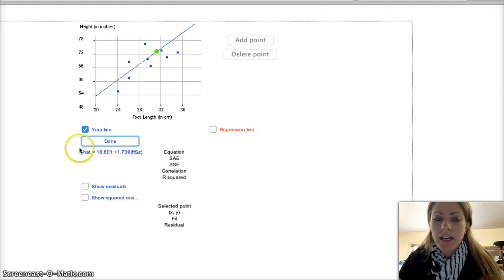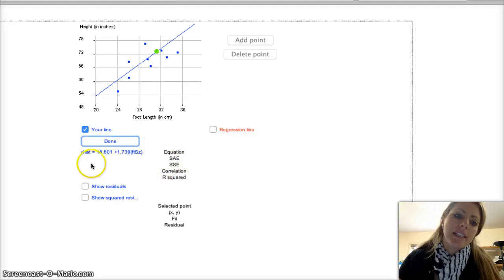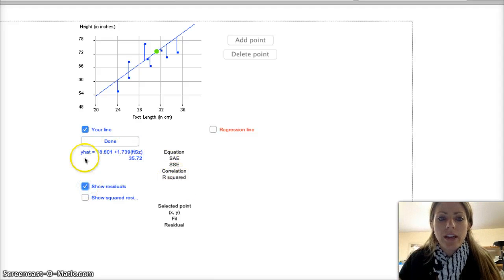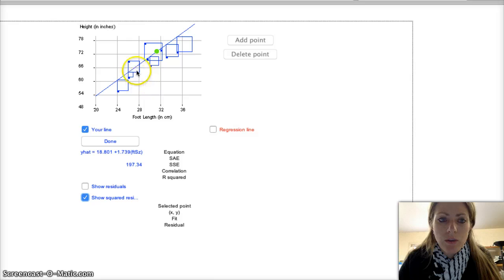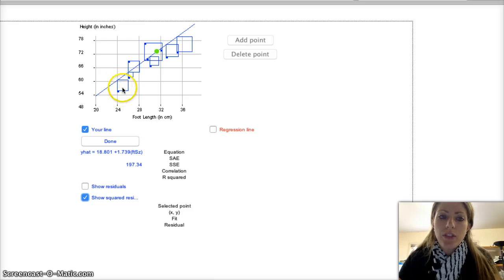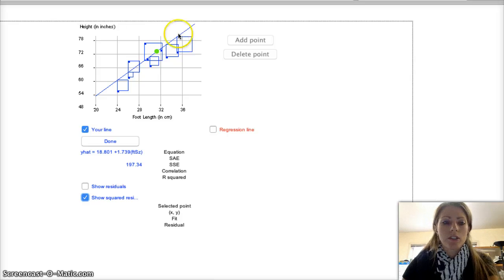So here's like my line of best fit. And if you look at, okay, these lines are the residuals, and what we're really curious about is the residuals squared, and so we want to minimize this area. So this number here, 197.34, is the sum of all of these areas, okay, and the square of the residuals.